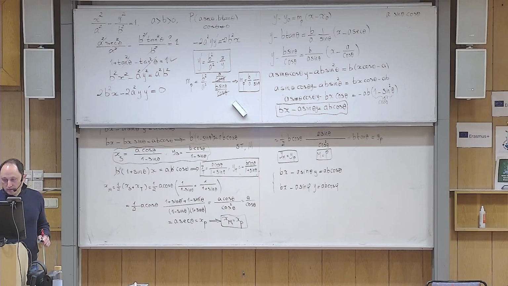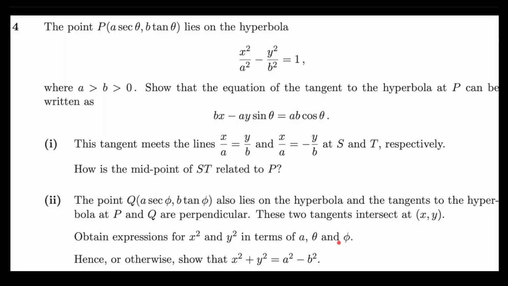Yes, a, theta, and phi. So I have to get rid of b. But of course, again, the tangent lines are supposed to be perpendicular. So let me also apply this assumption first before doing other calculations.